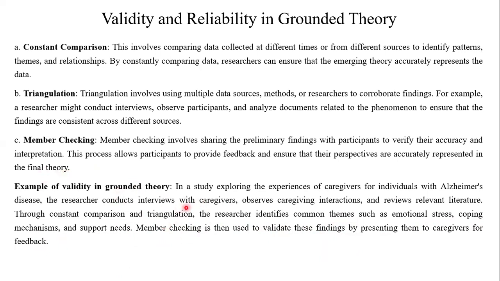You can collect data from multiple sources. You can collect data in multiple time periods to relate your results as a constant comparison, and multiple sources as a triangulation. And what you have found, you can give to your participants to get their feedback regarding results in order to validate your grounded theory.